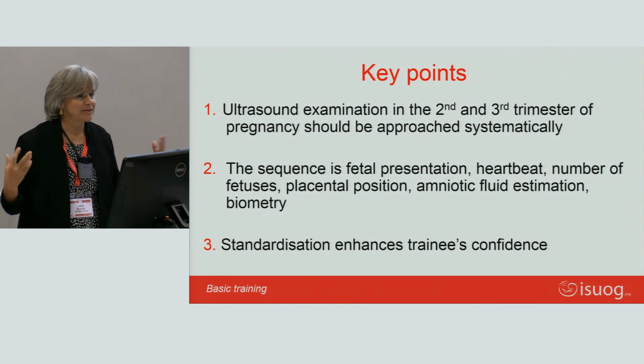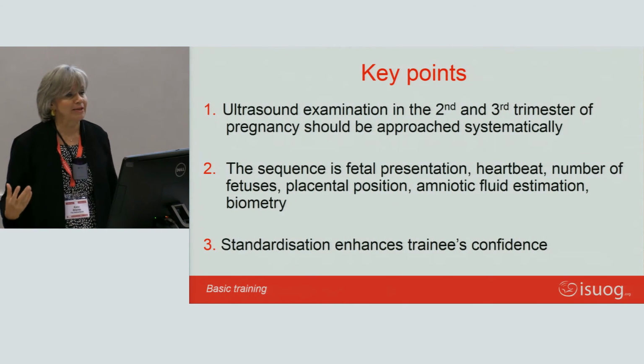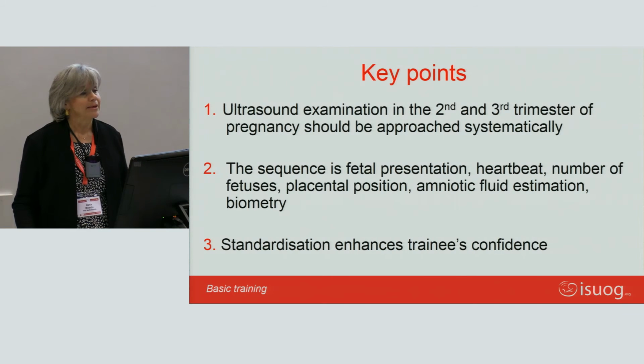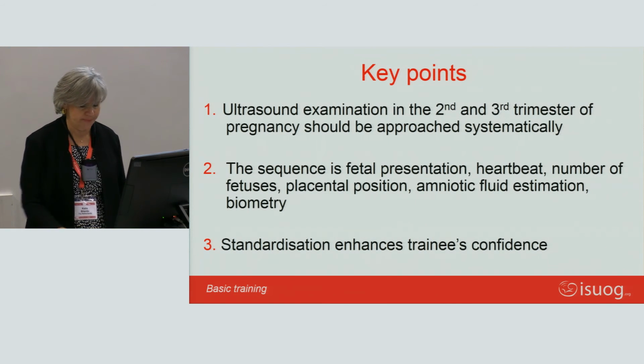It seems a little bit oversimplification, but I can guarantee you that if you follow these steps, you will enhance your confidence and be sure that at every examination you have got all the essential information that you need. And this was the end.